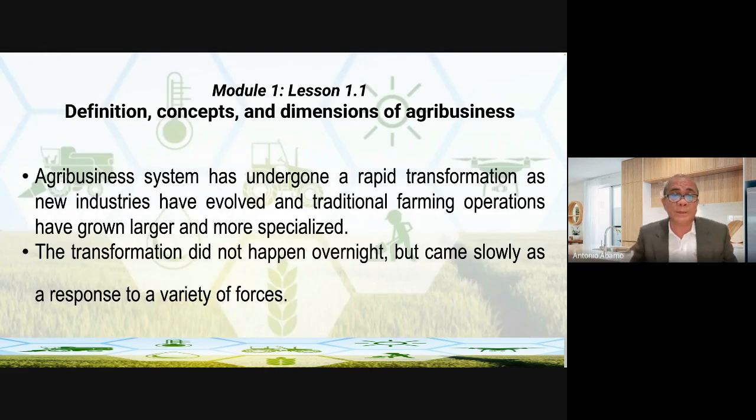Okay, agribusiness also is not just an activity along the whole value chain, but it's also a system. It has undergone a rapid transformation as new industries have evolved and traditional farming operations have grown larger and more specialized. So that's how agribusiness influences agricultural production.